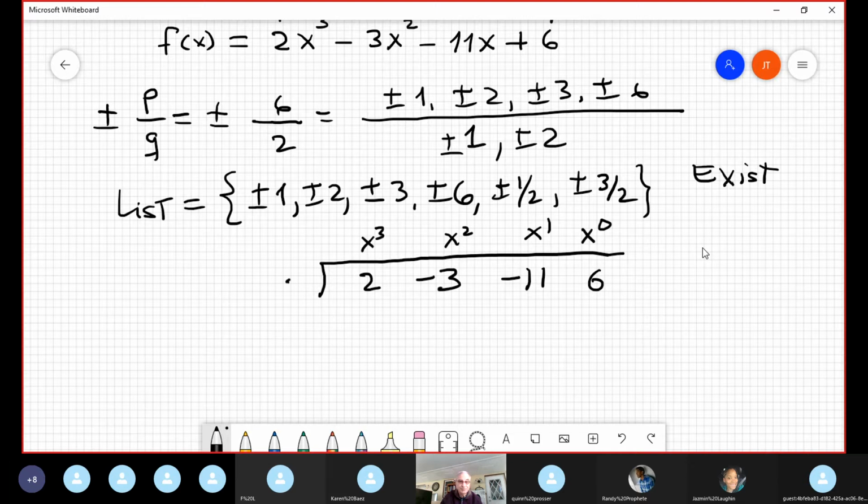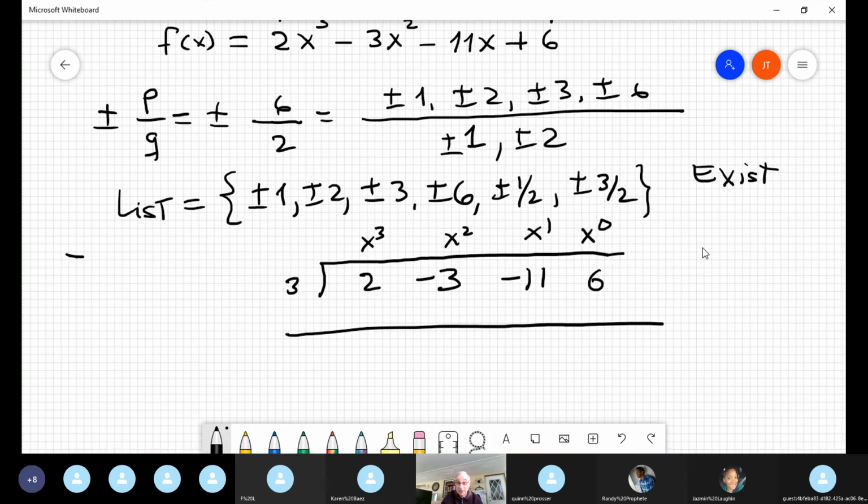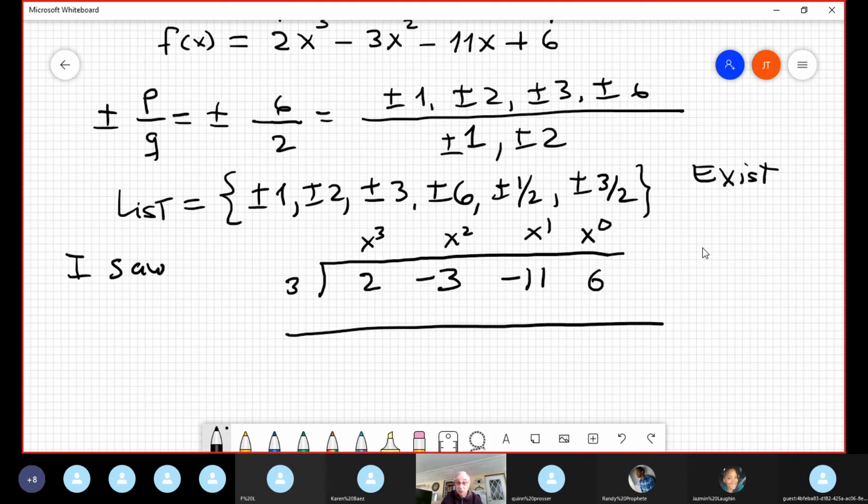I try 3. I discovered it in decimals, because I saw in decimals 1/2 and negative 2. We can use either. I don't know why I use 3, because I need to select one.